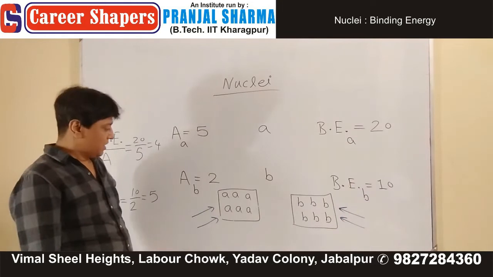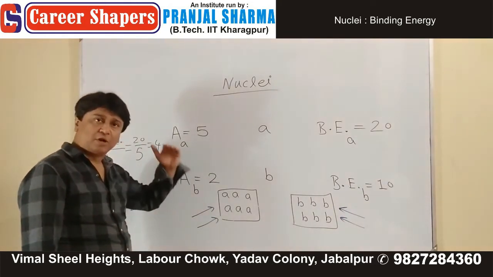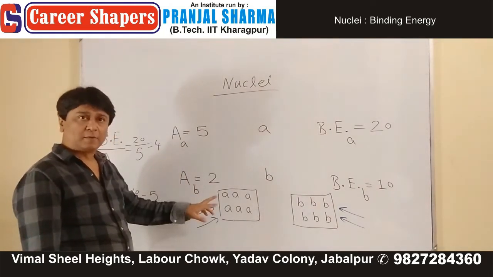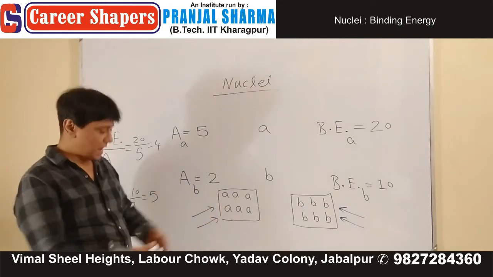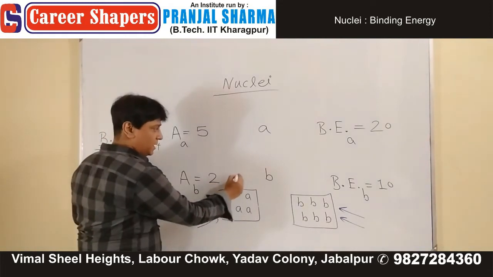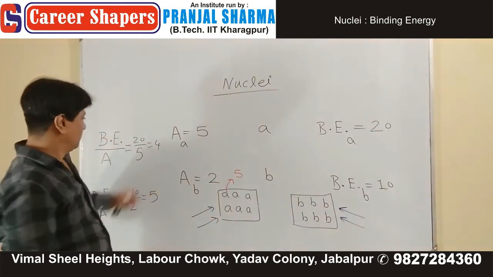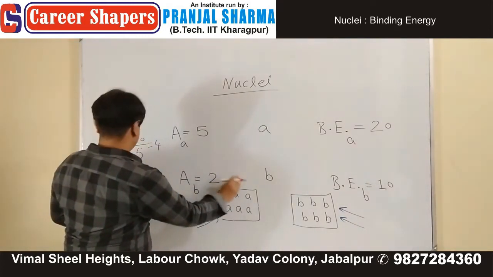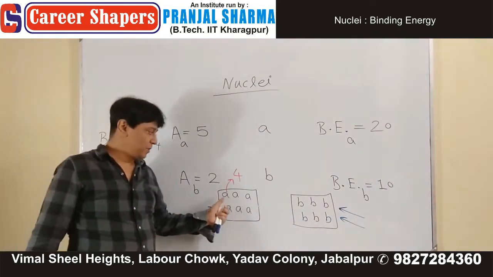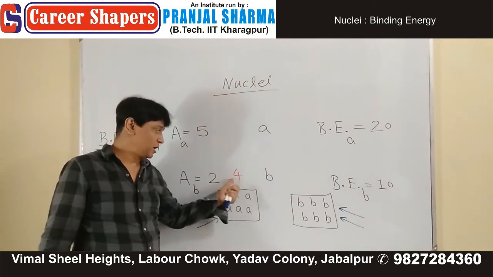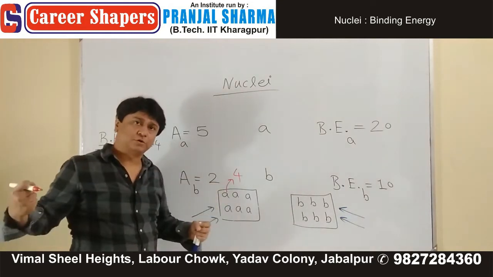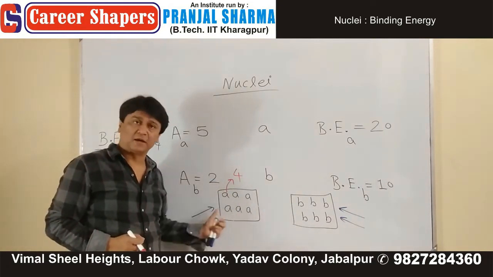So if I start giving energy and gradually the energy is increasing, for A the moment the energy per nucleon becomes 4, they start coming out of this whole packet.